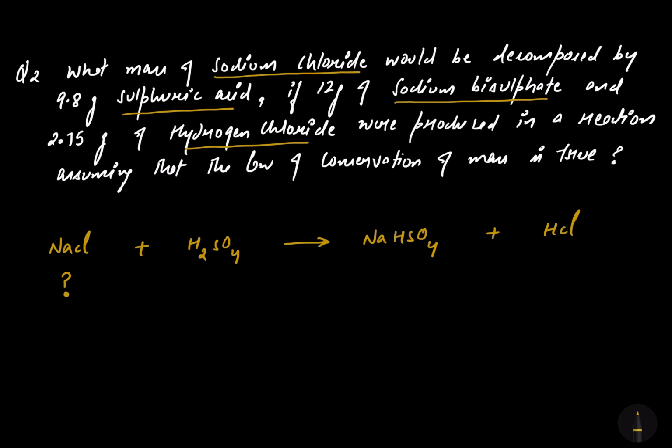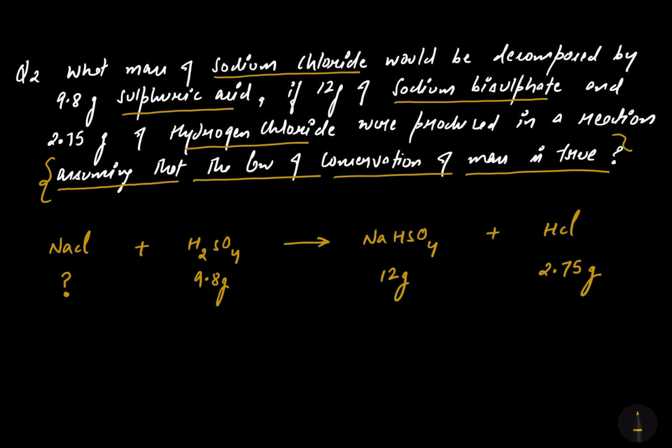Would be decomposed by 9.8 gram of sulfuric acid, if 12 gram of sodium bisulfate and 2.75 gram of hydrogen chloride were produced in the reaction. Important point in numerical: assuming that the law of conservation of mass is true for this reaction.